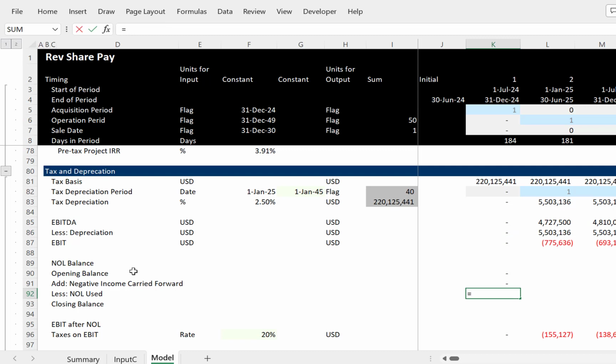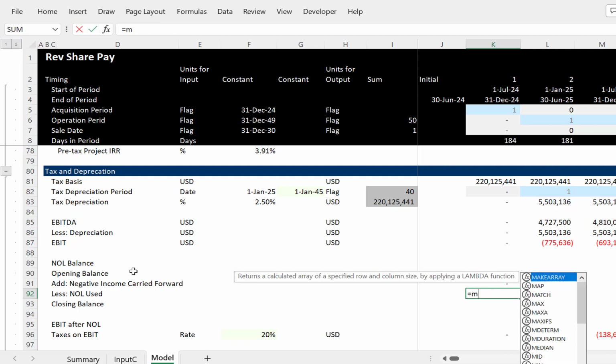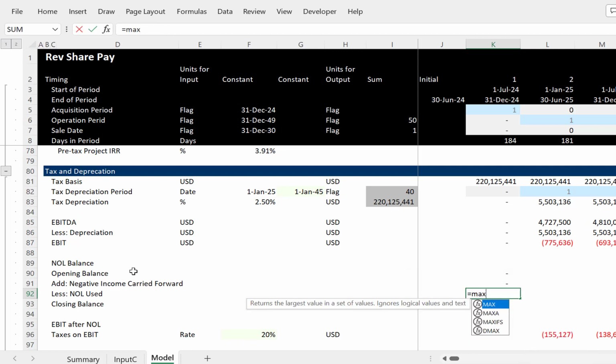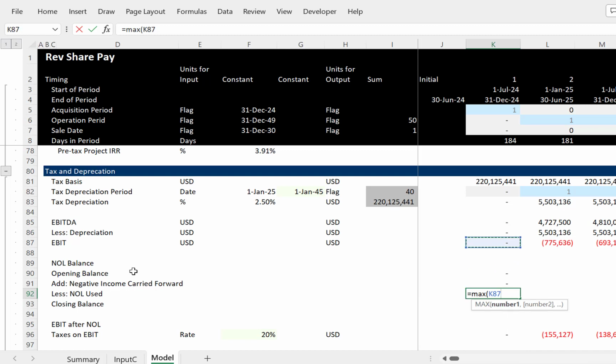And this is just the minimum of the opening balance, or the maximum first of this, or 0. So we're only going to do it when it's positive, but then we have to put a minimum around that and put in the opening balance.